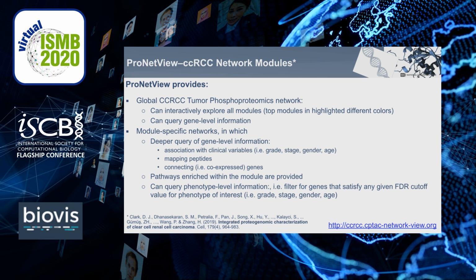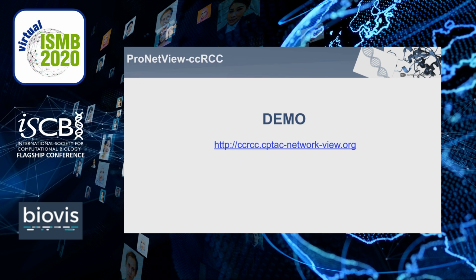Second type of networks are the module-specific networks that are derived from the main network. For the module networks, users can perform deeper queries of gene level information. In addition, users can explore pathways that are enriched within the module. And finally, users can perform phenotype level queries.